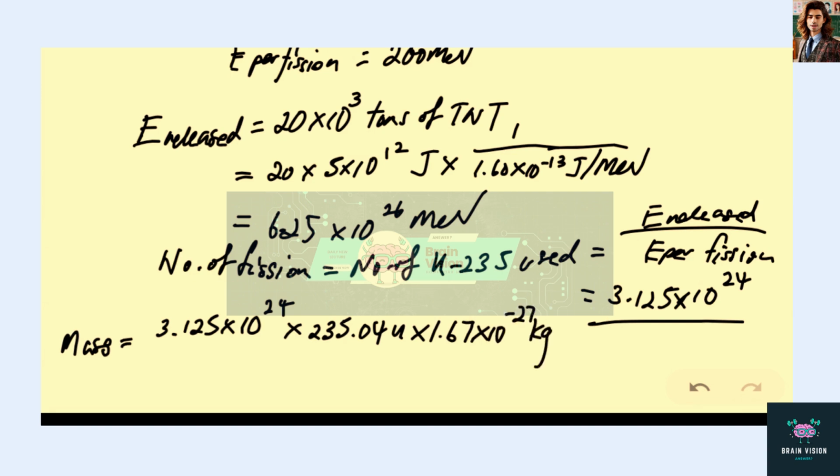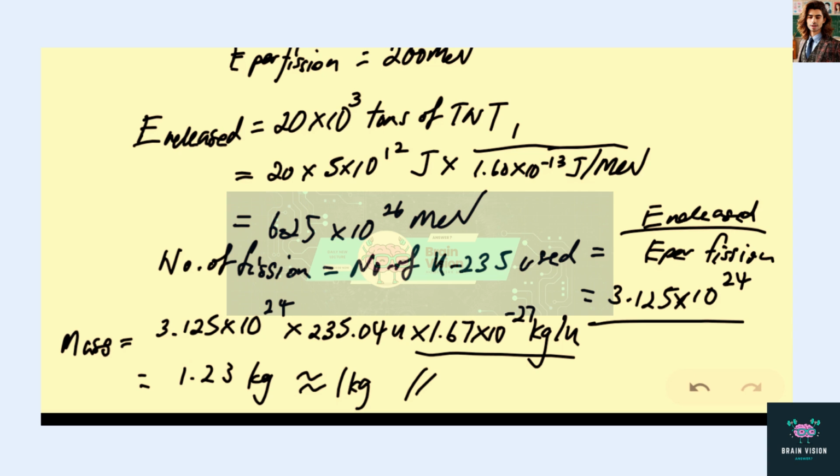Right, it's the conversion factor, right? 1.67 times 10 to the power minus 27 kilograms per atomic mass unit. And we should get a value of about 1.23 kilograms, or approximately 1 kilogram. Right, so this is a rough estimate of the amount of uranium-235 that was fissioned during this process.